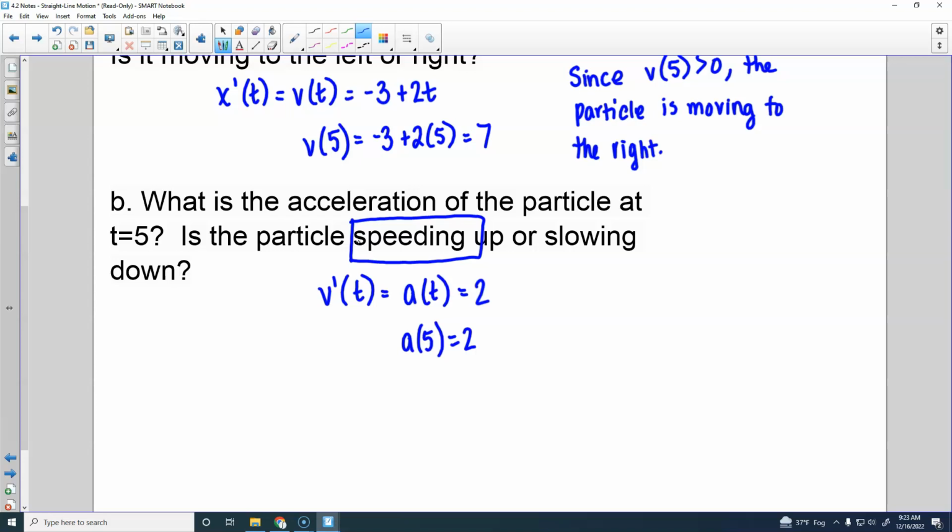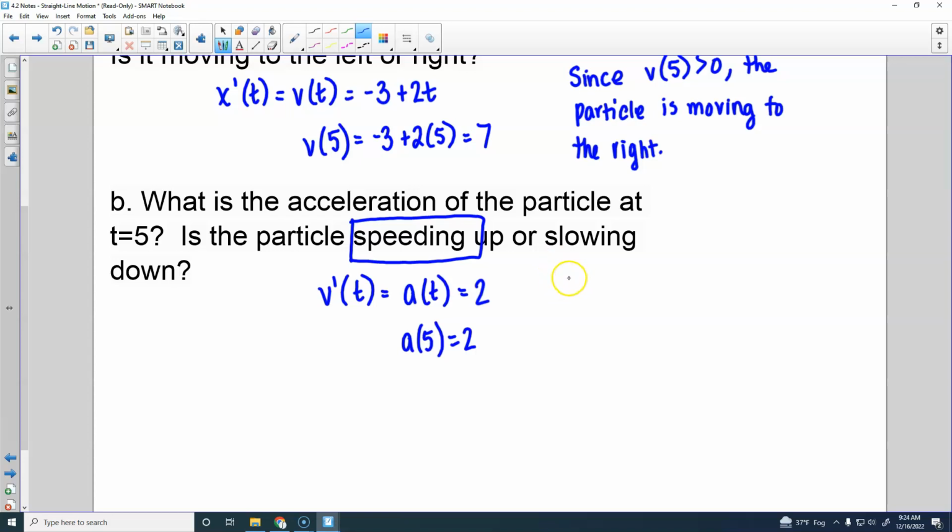Speed is different because speed does not have a direction. This is something we need to watch out for, because I go over this multiple times, since students forget it and want to just say that because acceleration is positive, speed has to be increasing. You have to consider velocity and acceleration.